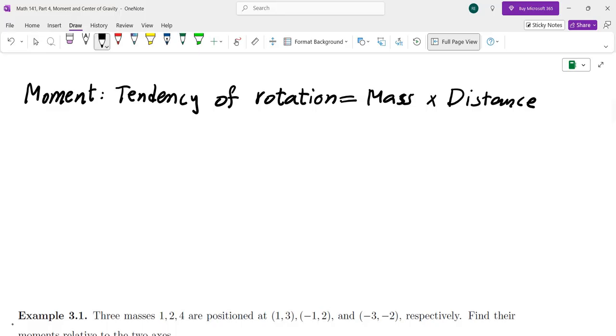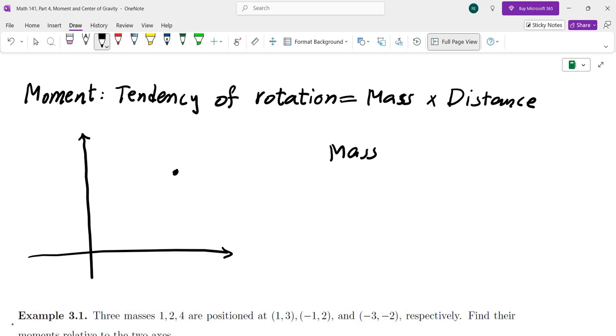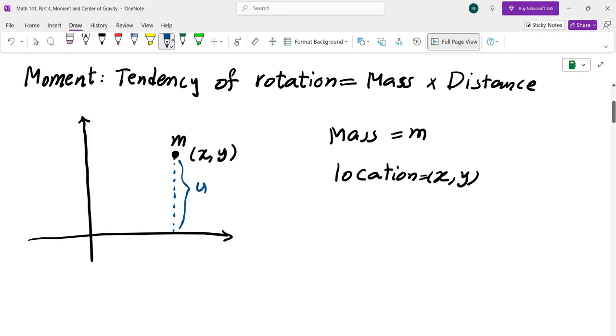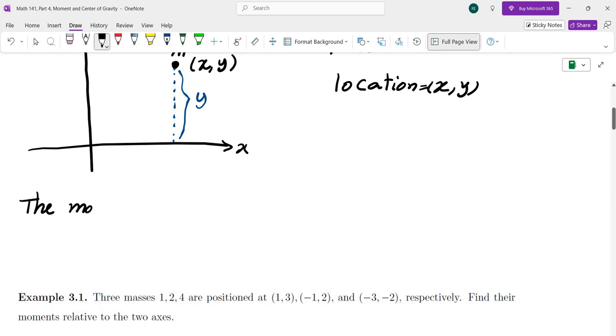So how do we define the moment? Given a point on the plane with mass m and location (x, y), so we have a mass m that is located at the point (x, y), we can define the moment relative to the x-axis and the moment relative to the y-axis. So the moment relative to the x-axis would be mass, which is m, times the distance to the x-axis, which is y.